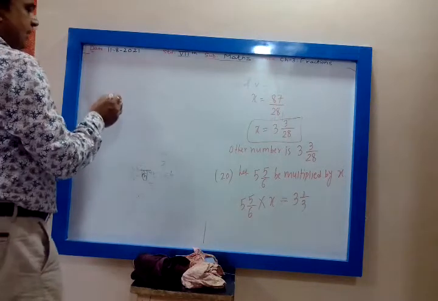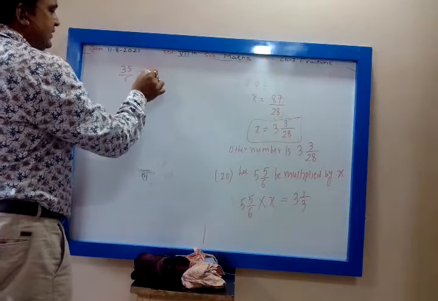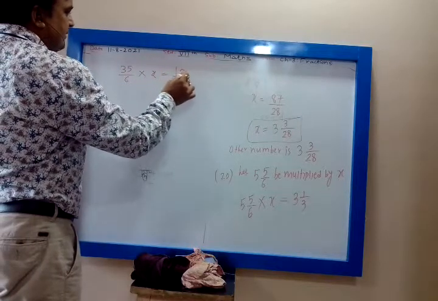So 5 is to 35 by 6 multiplied by x is 10 by 3.